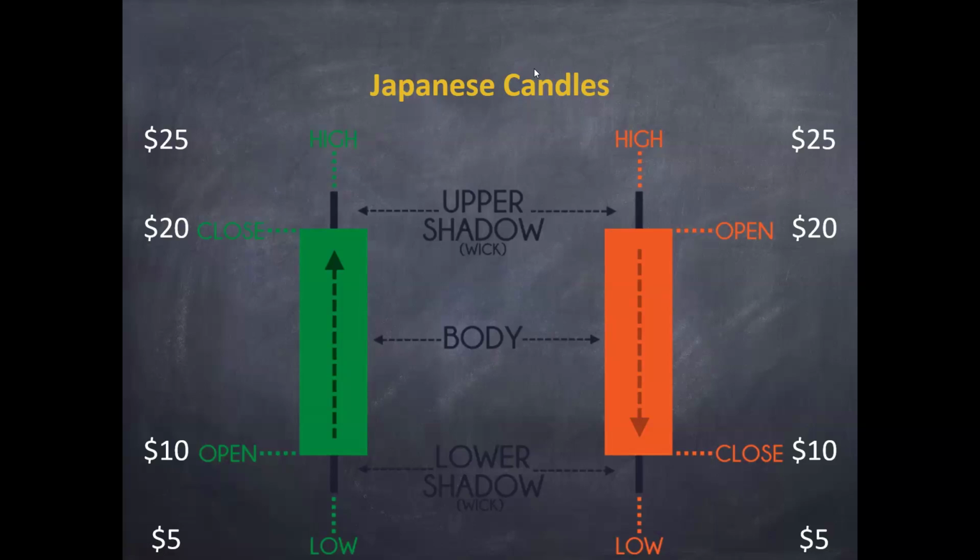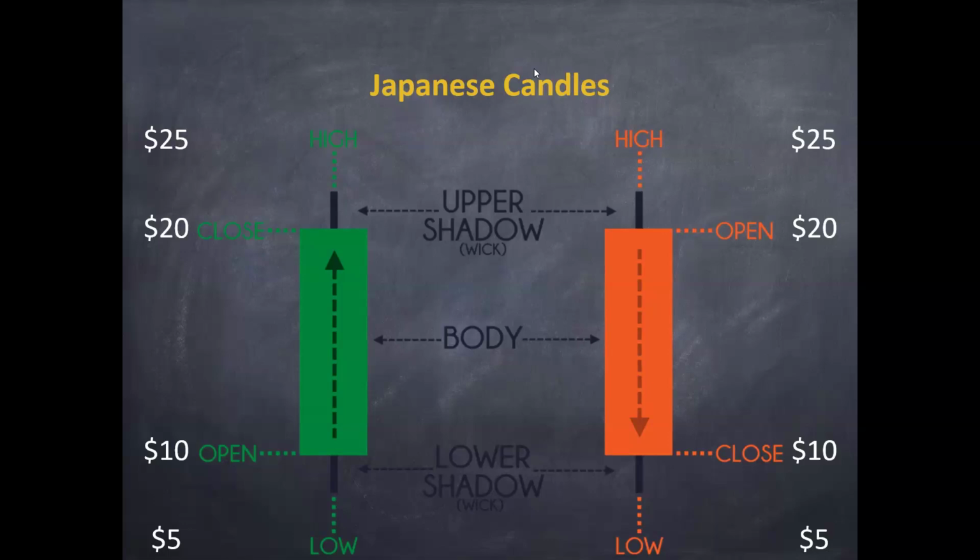High is still high, low is still low. All the numbers are still the same on both sides of the paper. The only thing that happened is the open and the close switch, because the closing price has to be lower than the opening price if the candle's bearish. The price went down. We're just documenting its journey of going down. So all we did is switch the open and the close.